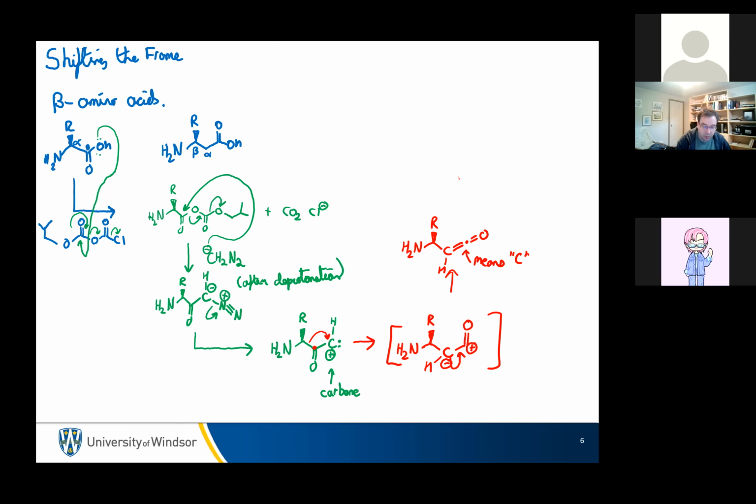Okay, at this point, it's unsurprising that you might be treating this with water. If we follow that through, and then it's a pretty quick and easy proton transfer. I draw it as reversible. It is not, of course, reversible.